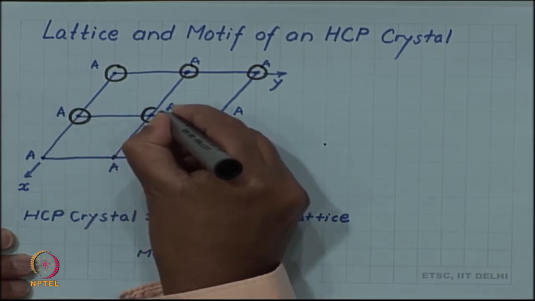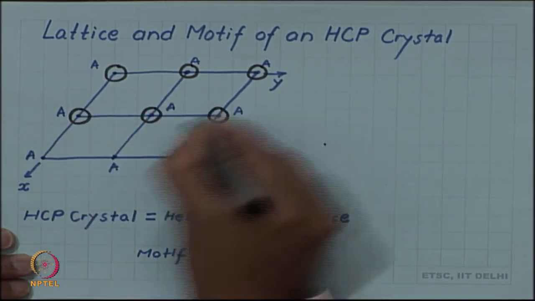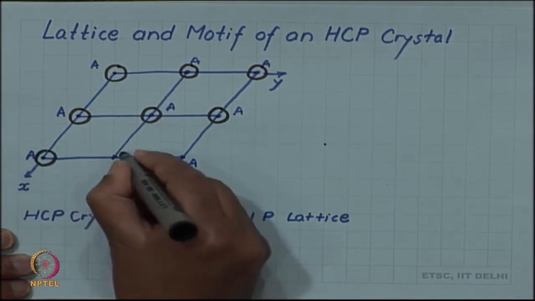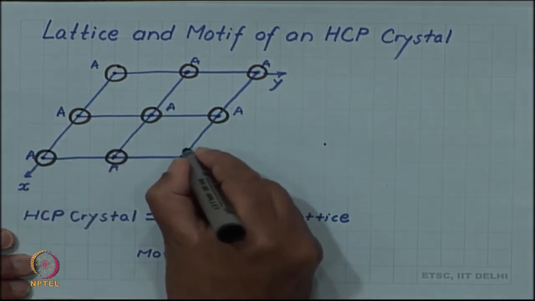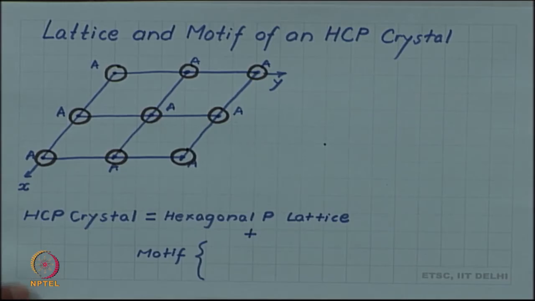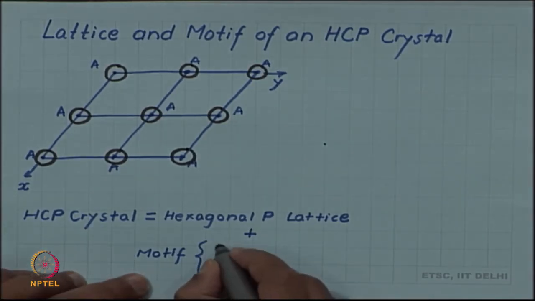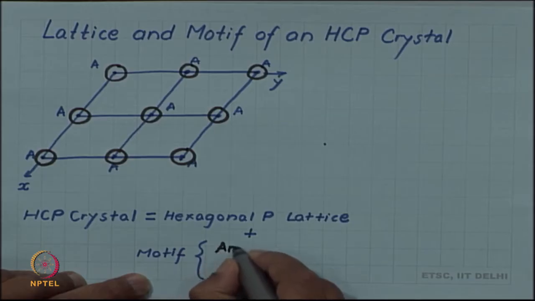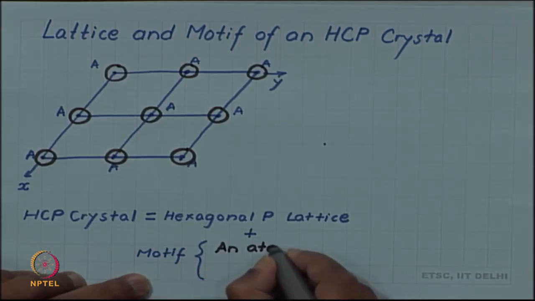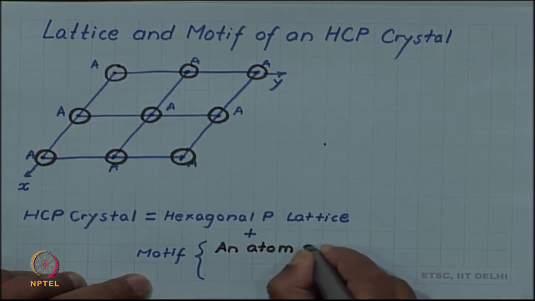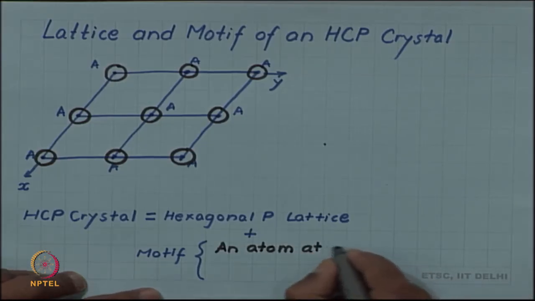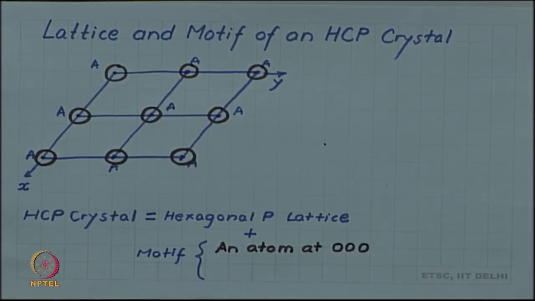So, my structure starts building up. I provide an A atom at all the lattice points. So, in motif I call this an atom at the lattice point, which is an atom at O O O. I write this as O O O.